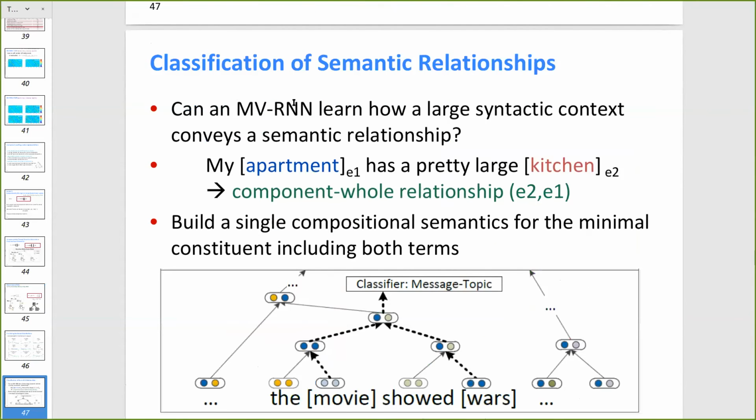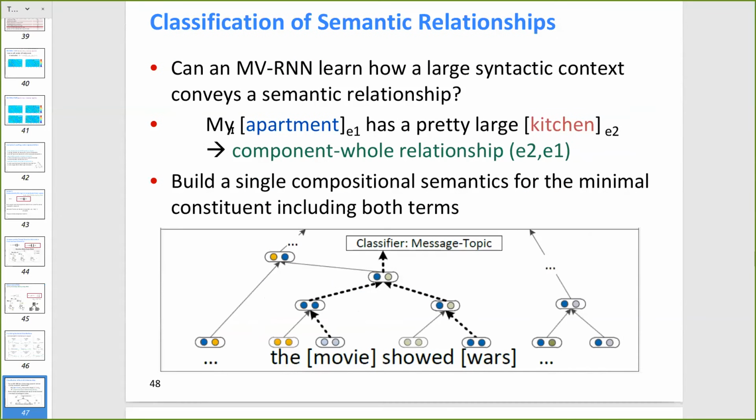So whatever we discussed is called matrix vector RNN. MVRNN here stands for matrix vector recursive neural networks. Here's one task called semantic relationships, which is an NLP task. The question is, can an MVRNN learn how a large syntactic context conveys a semantic relationship?